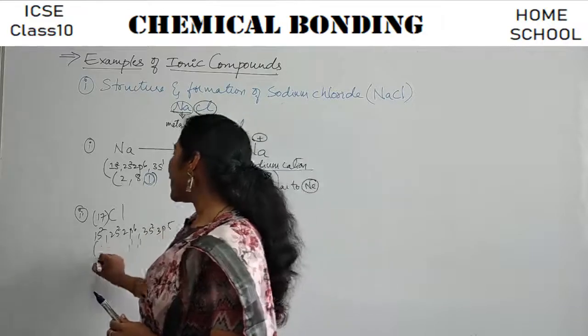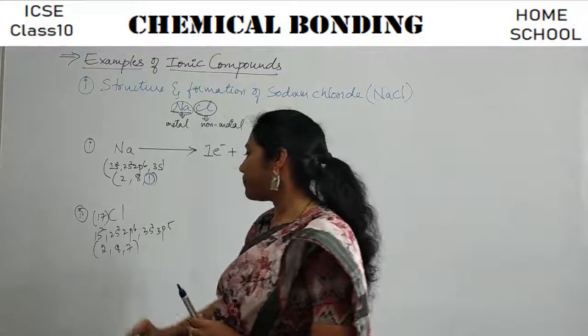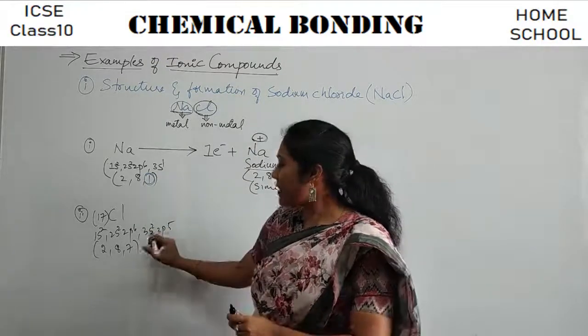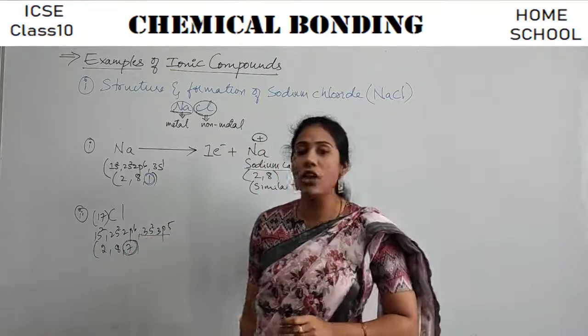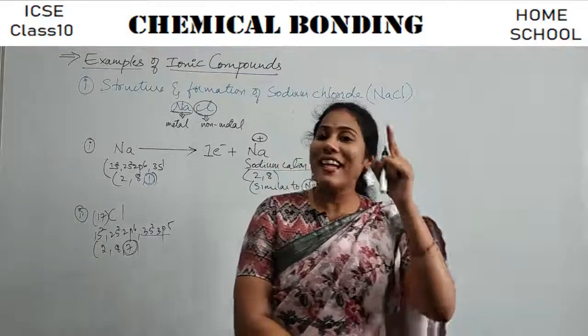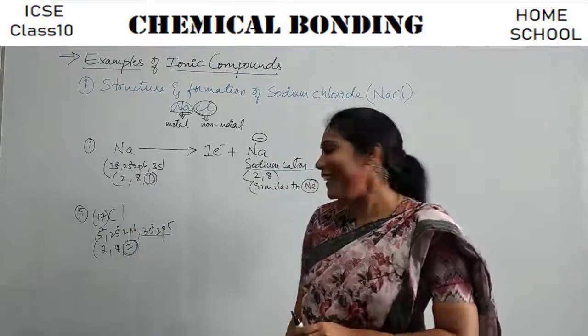I can also write it as 2, 8, 7. Is it stable? Never. Because in the last shell, the valence shell, you have 7 electrons. If it can get 1 electron, that is enough for chlorine to get stability.